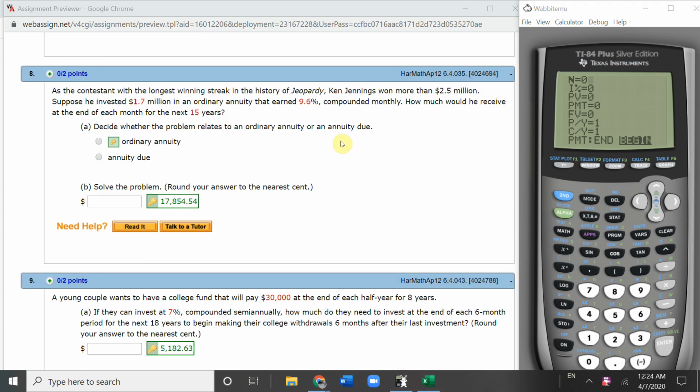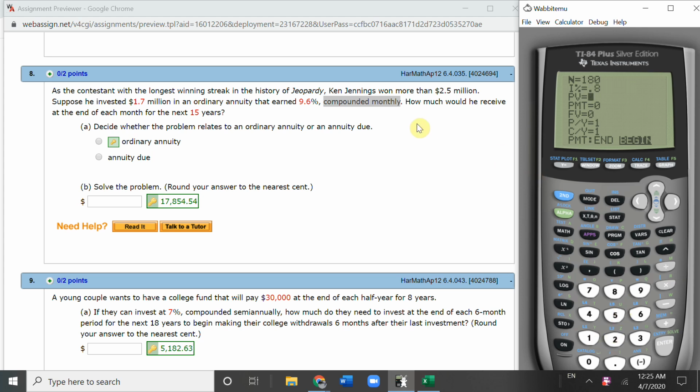Now let's do number 8. The keywords are compounded, then monthly, then 15 years. So 15 years monthly needs times 12. And the interest rate is 9.6 divided by 12.